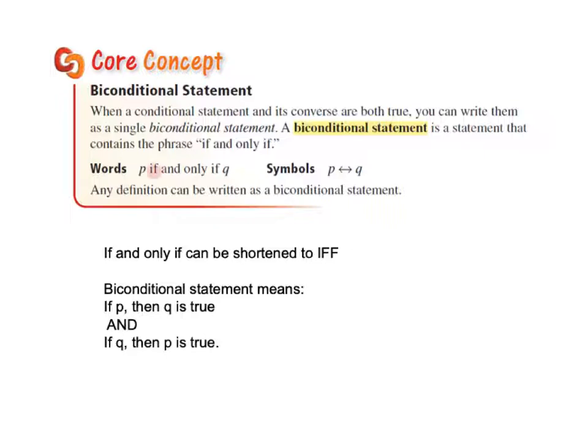We say it is "if and only if," or you can have little arrows going both ways in between. If and only if can be shortened to IFF, as I talked about in the first slide. A biconditional statement means that if P then Q is true, and if Q then P is true. They both have to be true in order to write a biconditional statement.